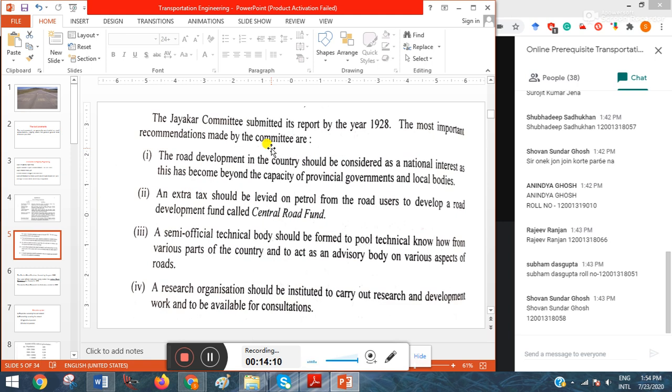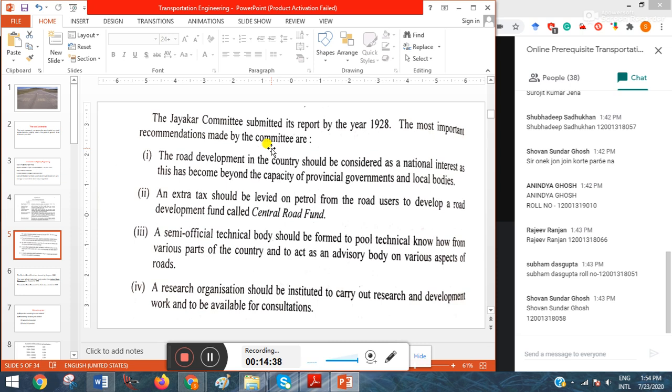What is the Jayakar Committee? Before that, we should know something related to it. From where is this Jayakar Committee coming? To know the Jayakar Committee in a better way, we have to know some highway development in India. We have to know something about highway development in India.